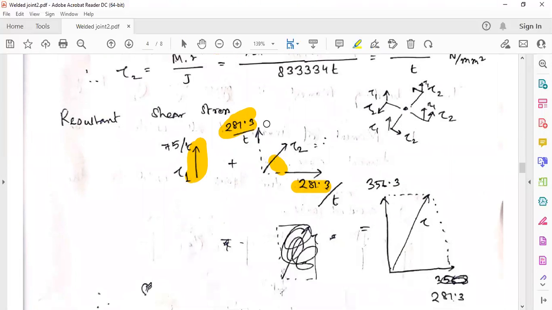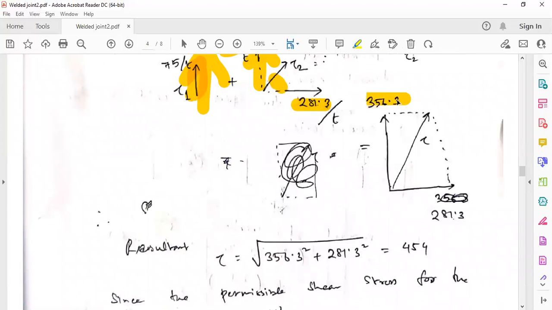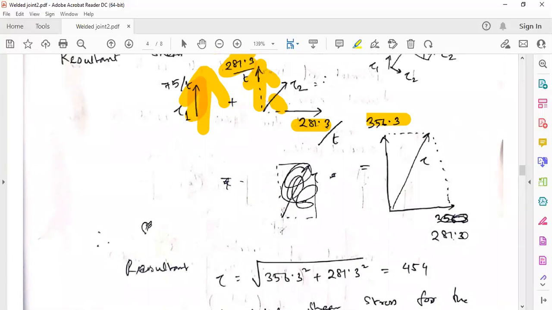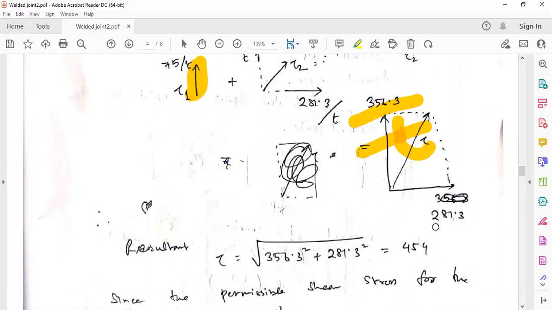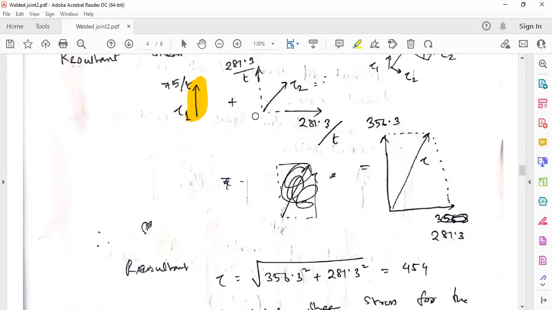Now, this stress and this stress are in the same direction, so we can add them. 281.3 plus 75 will give you 356.3, and this one is horizontal, so that will remain the same. I have mistakenly not written the divided by t part; divided by t is there, and this 281.3 divided by t is there, it will not go anywhere.